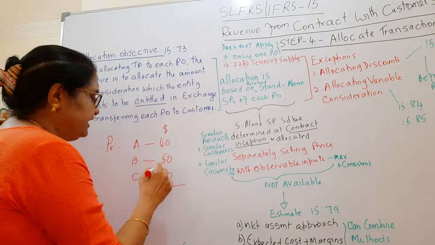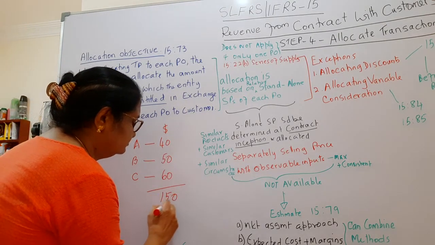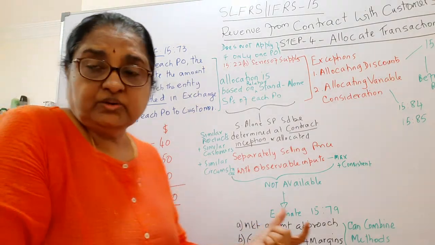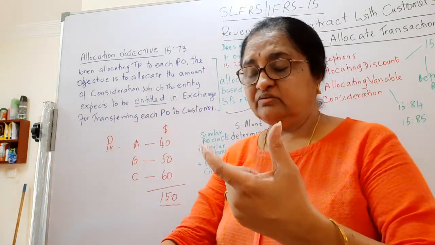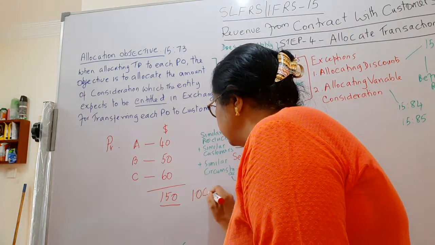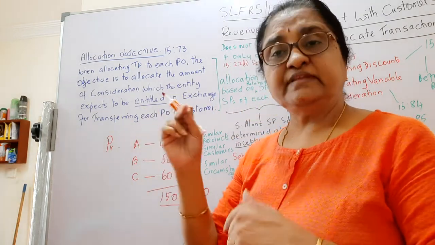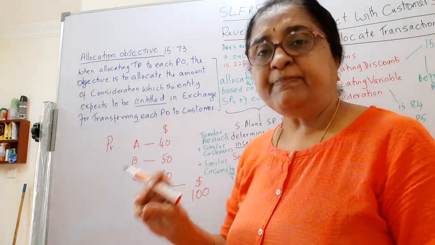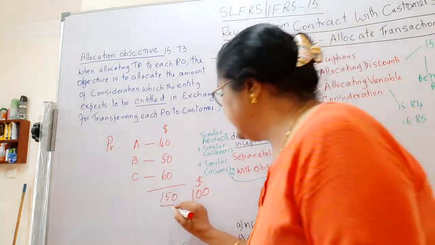So the total of the standalone selling prices is 150. But your contract says all three products you are going to sell to a customer at $100. Then the discount is 50. If the total of the standalone selling prices of the products and services you are going to supply to the customer is more than the contract amount, then there is a discount.